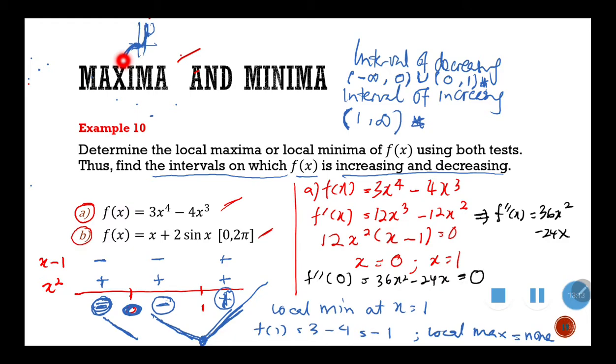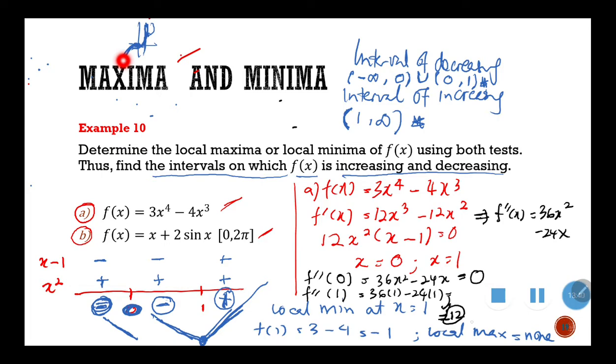We get 0. And then if we replace f double prime with 1, 36 darab dengan 1 minus 24 darab dengan 1, you get apa kat sini? You get 12, right? Is equals to 12.